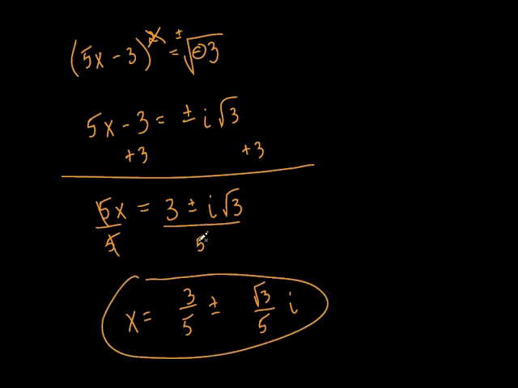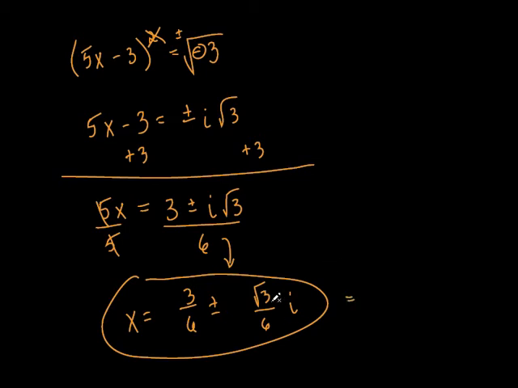What if you had something like this? Now, let's say that was instead of 5, let's say that was a 6. Would you just be able to leave your answer like this? No. Okay, when you have a situation like this, when things will cancel out and simplify, you definitely need to. So it's always a good idea to think about writing it like this, because with that 5, it was perfectly fine the way it was, but with a 6, look what's going to happen. This will simplify, won't it?